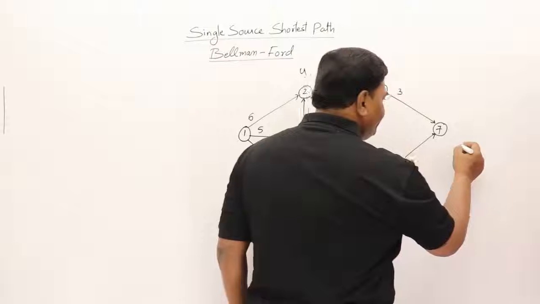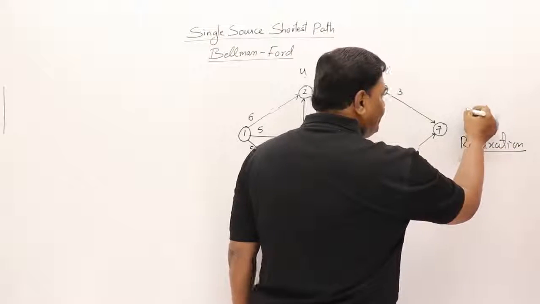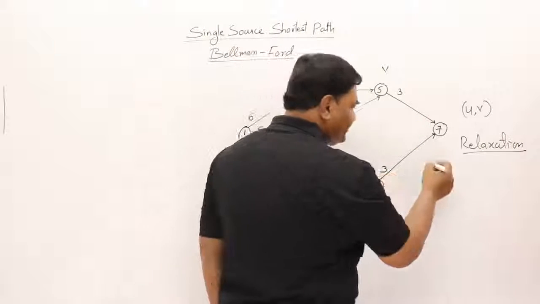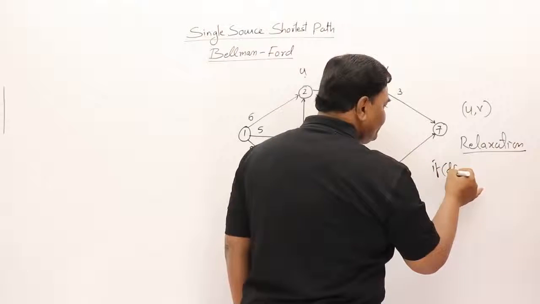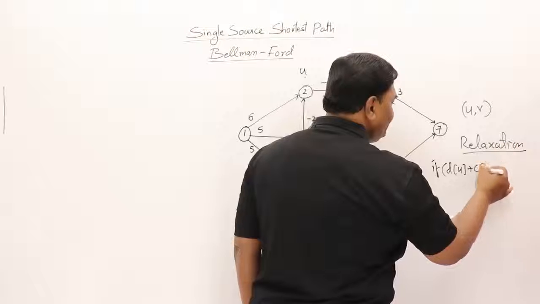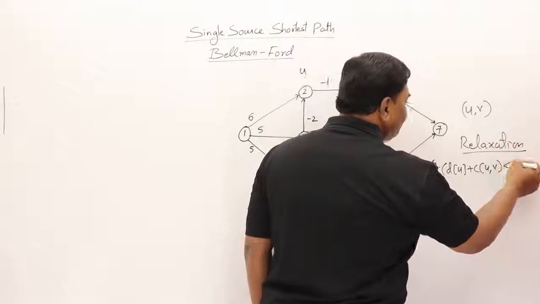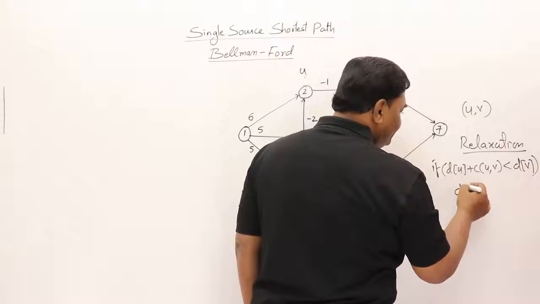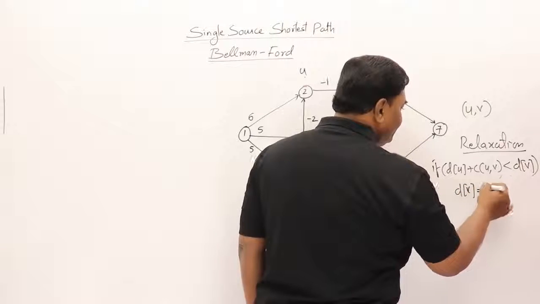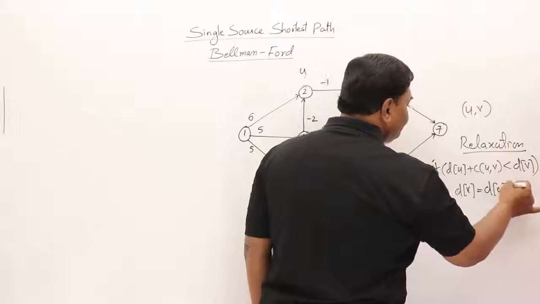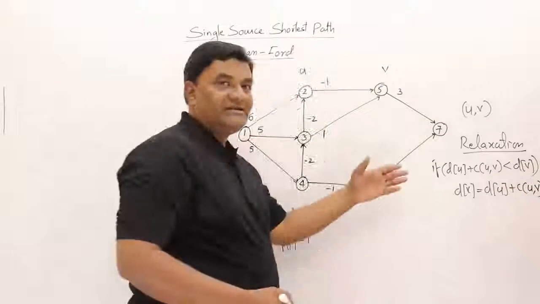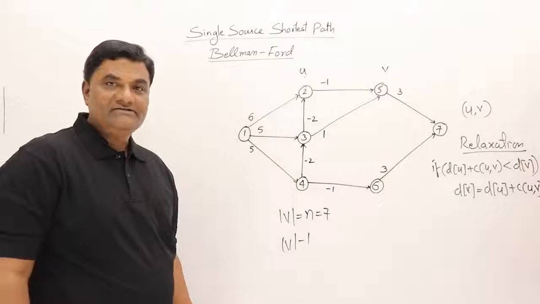So relaxation means what? Between a pair of vertices U comma V, if there is an edge, then check if the distance of U plus cost of an edge U comma V is less than distance of V. If so, then change the distance of vertex V to distance of U plus cost of an edge U comma V. I will explain you while solving this.